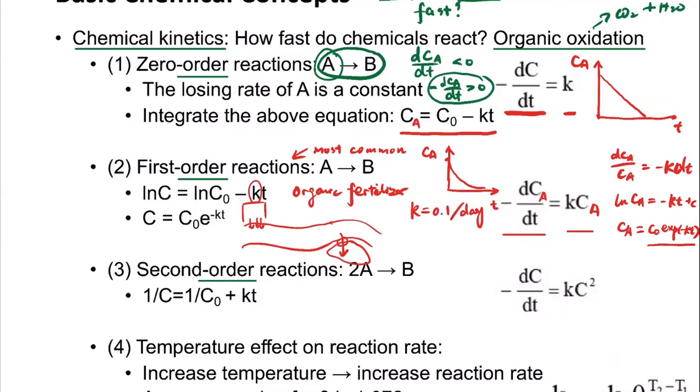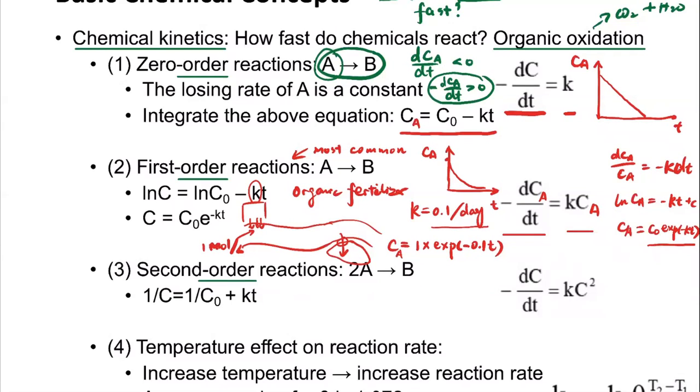it means that it reacts with a certain speed in terms of this concentration decay, okay? Let's further assume that the concentration of this organic fertilizer is 1 M, or 1 mole per liter. So we know that the concentration of this organic fertilizer is going to follow the equation of 1 multiplied by the exponential of negative 0.1 multiplied by t. This is basically how the concentration of this fertilizer is going to decay as a function of time.